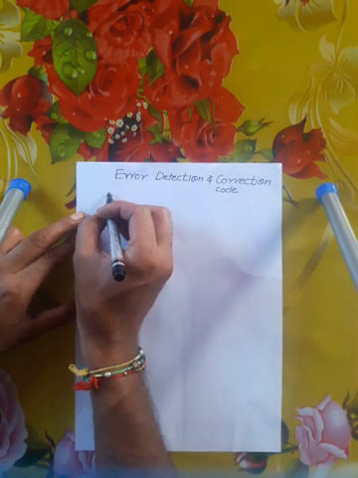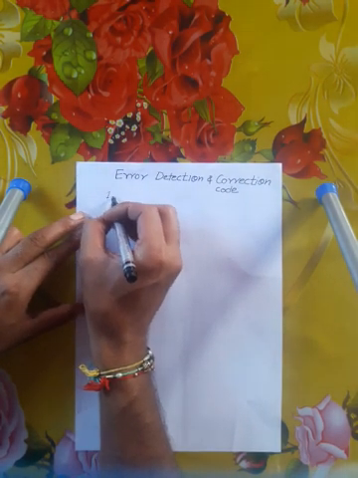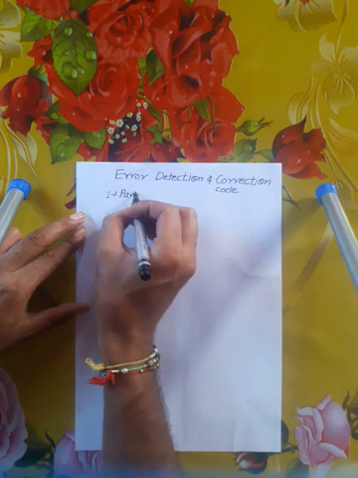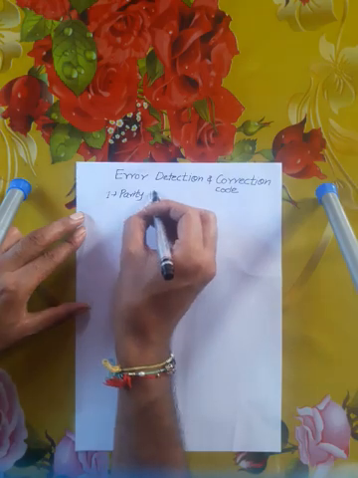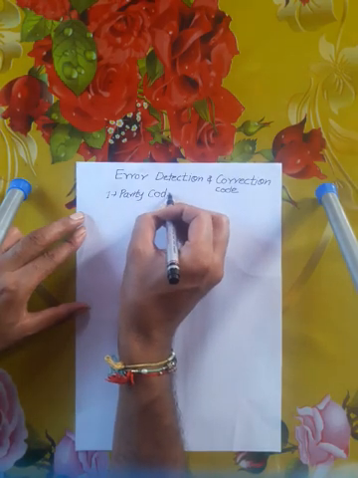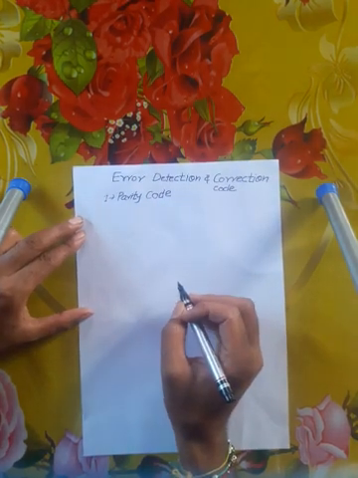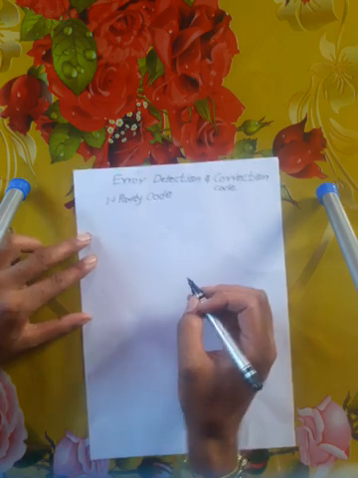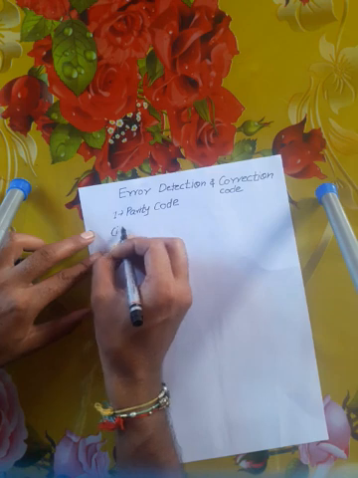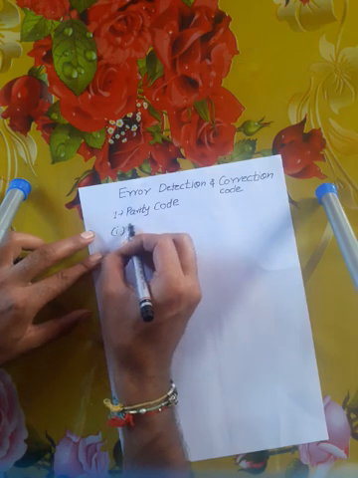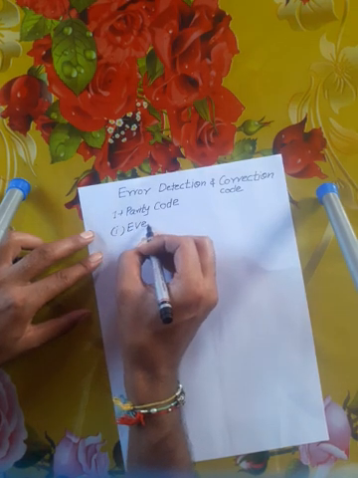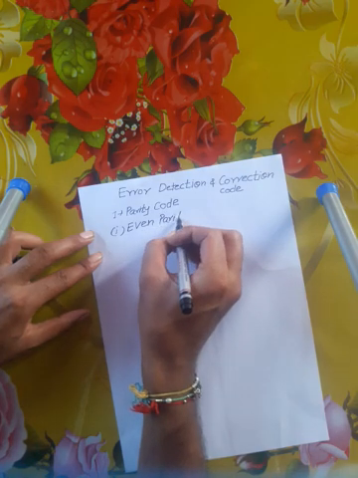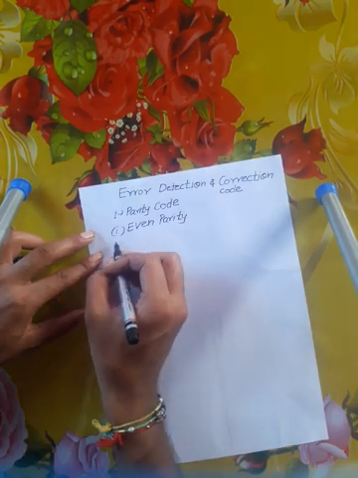First one is parity code. In parity code, there are two parity codes. First one is even parity, and second one is odd parity.